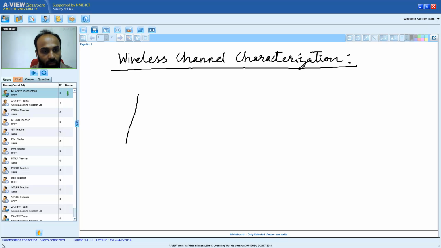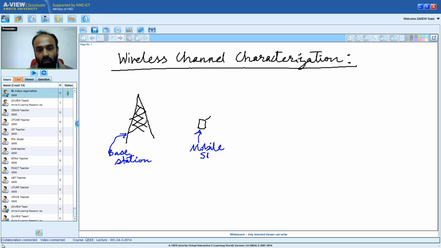When I have a wireless communication system, let's say this is a base station and I have a mobile station, right? So when I have a wireless link between a base station and a mobile station, this is my base station and this is my mobile station, right?